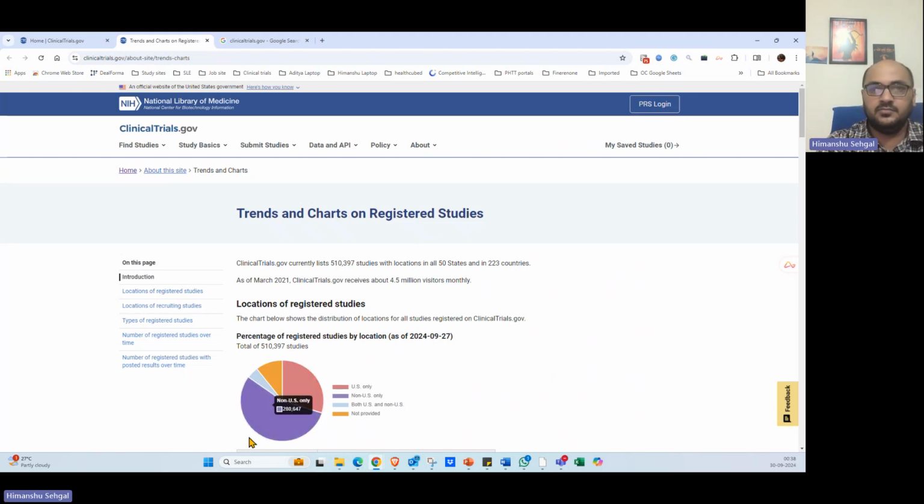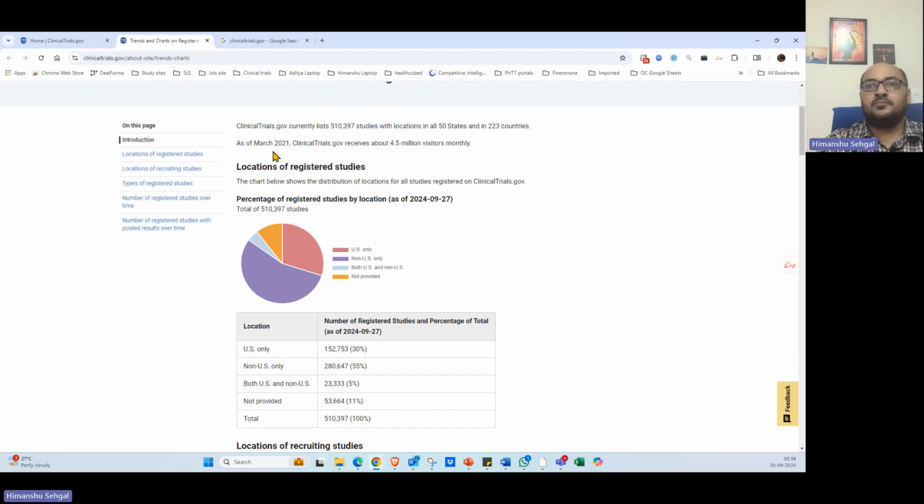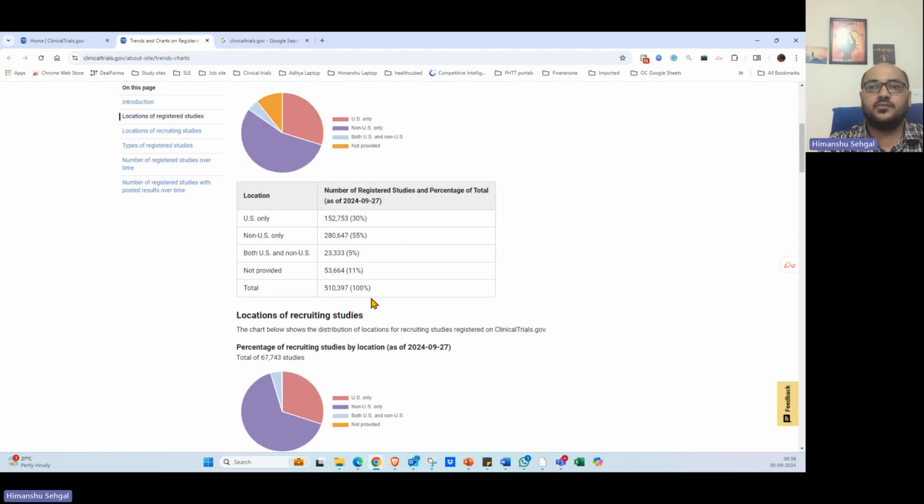You have a lot of charts here which show you a lot of details, like location type: US only, non-US trials, how many? So 280K trials are basically non-US trials. 152,000 trials are US specifically, and both non-US and US are these ones, and those which are not provided. Okay, so you can find this information.